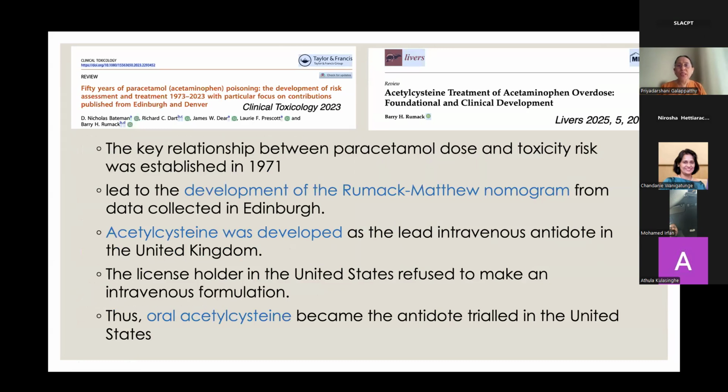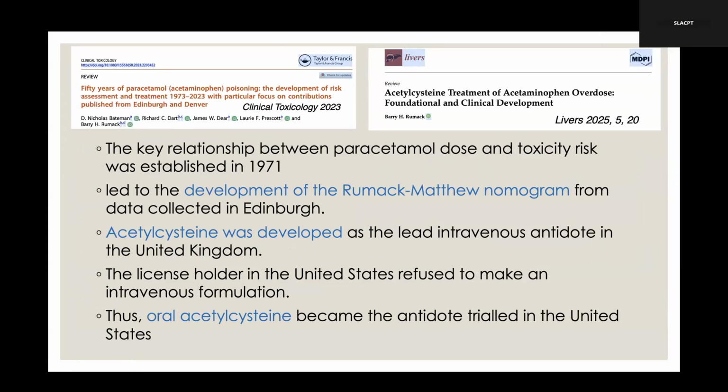These are two excellent articles which actually cover the clinical development of the antidotes, and then the research that has been done over the past 50 years or so. So I recommend anyone who is particularly interested in paracetamol overdose to read this.